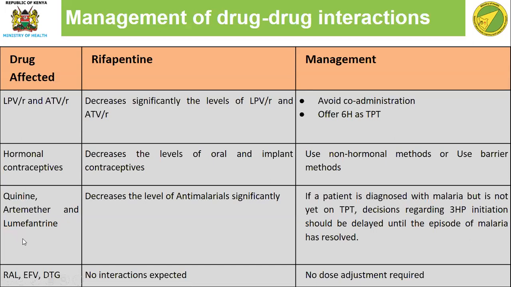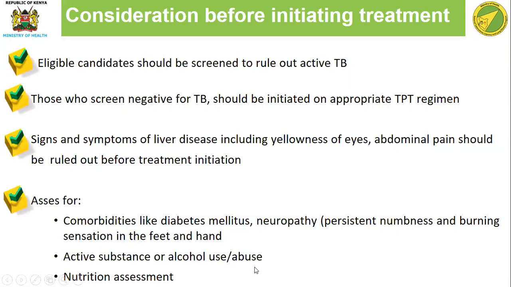If they get malaria in the course of TPT and the doses fall on the same day, say I'm supposed to take my TPT on Wednesday and on the same day I'm supposed to take my AL, then you skip TPT for that particular week, and resume it after completion of the antimalarials. For the other regimens, no interaction is expected, so no dose adjustment is required. I'll not go into these details.